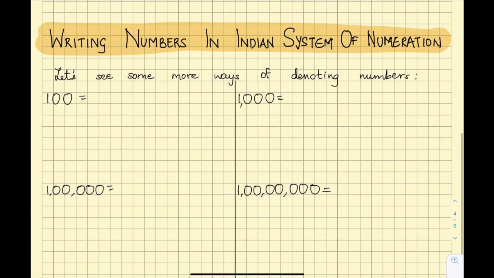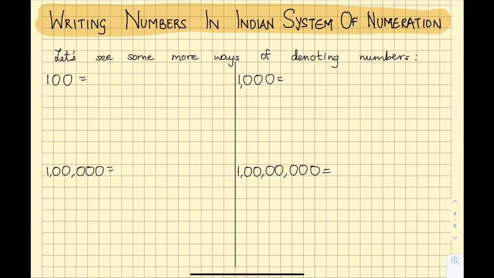Now we move further. We see how to write numbers in the Indian system of numeration. Here you have 100. So this 100 can be broken up as 10 multiplied by 10. So 100 can also be shown as 10 tens.